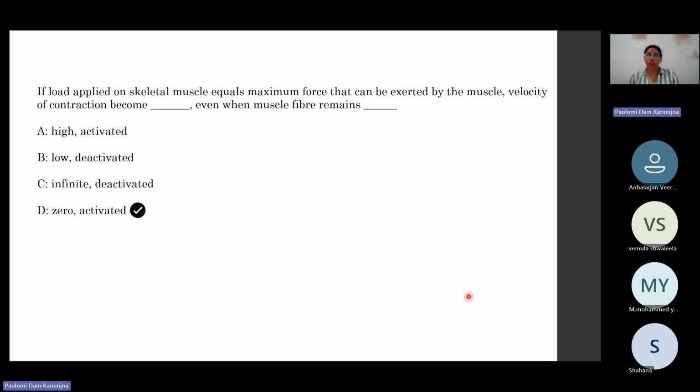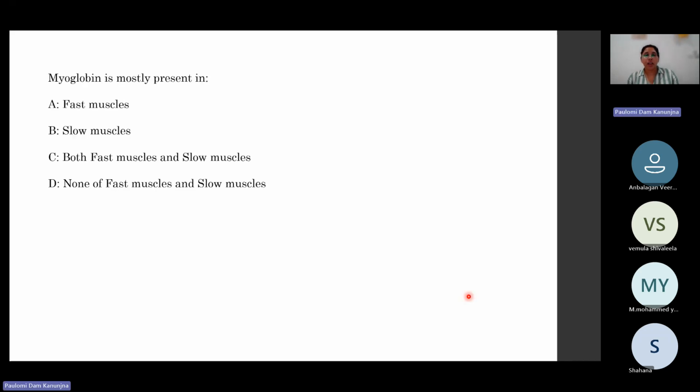Okay. All right. And this is something related to fast twitch and slow twitch, if you remember. So that's a topic that you should also check. So myoglobin is present in which kind of muscles? Remember, fast muscles, slow muscles, fast twitch and slow twitch.